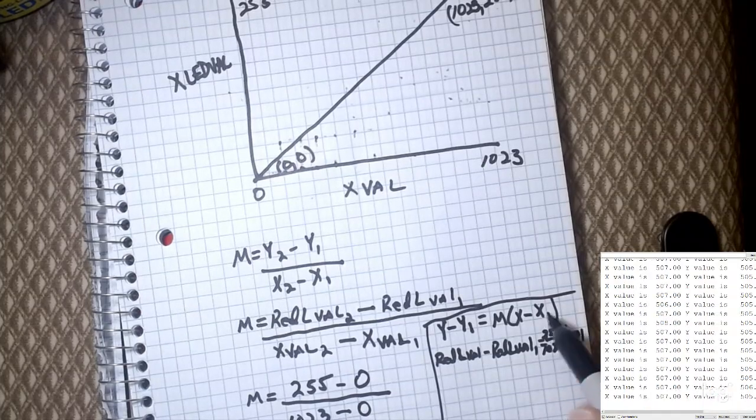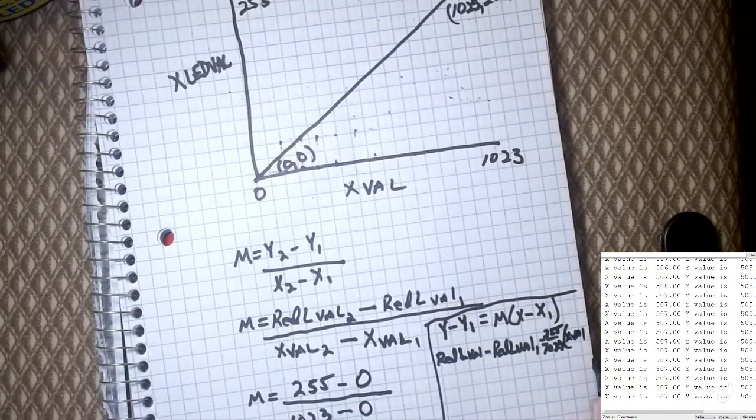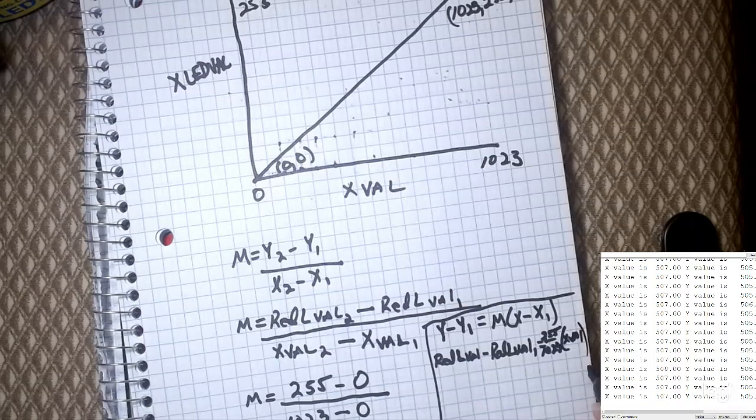Because X val 1 is 0. So this is our formula.